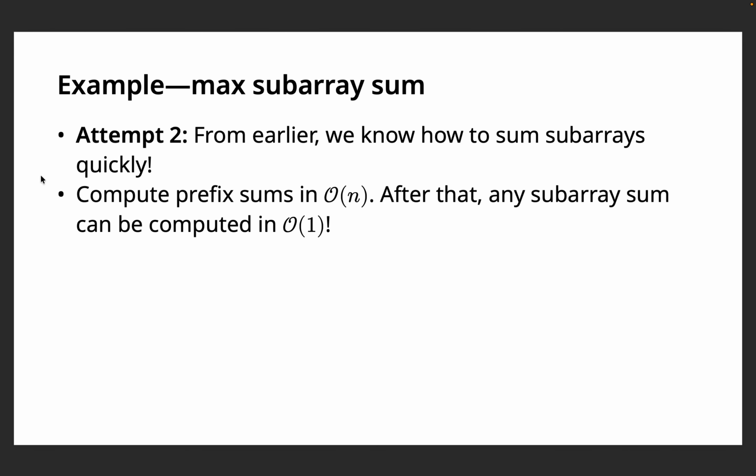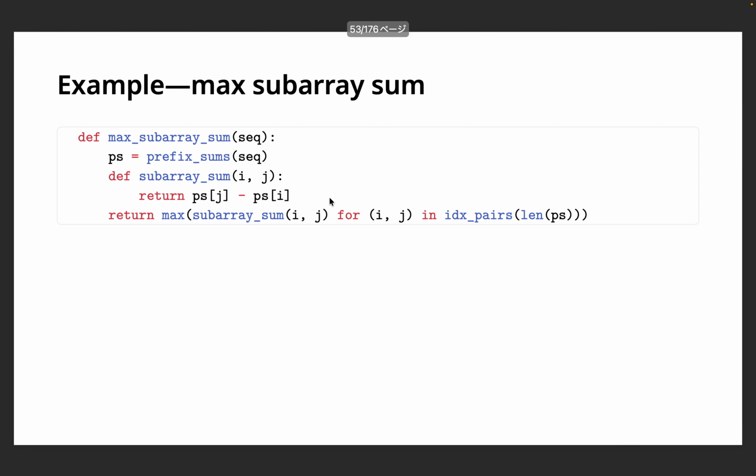If we pre-compute the prefix sums, so let's say we compute in advance the prefix sums, and we have a dedicated function using that pre-computed stuff, then what we can do here is, this is still going over all of the possible subarrays, but here, for each call to subarray sum, this is just a single access to this list over here, and same thing with this one.